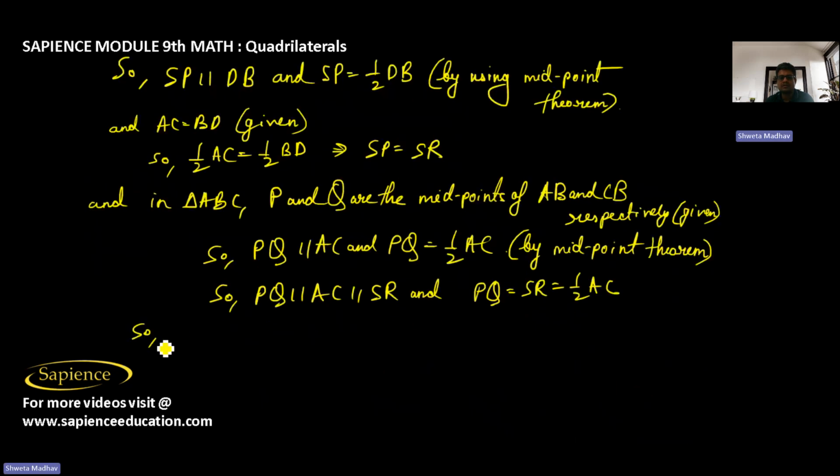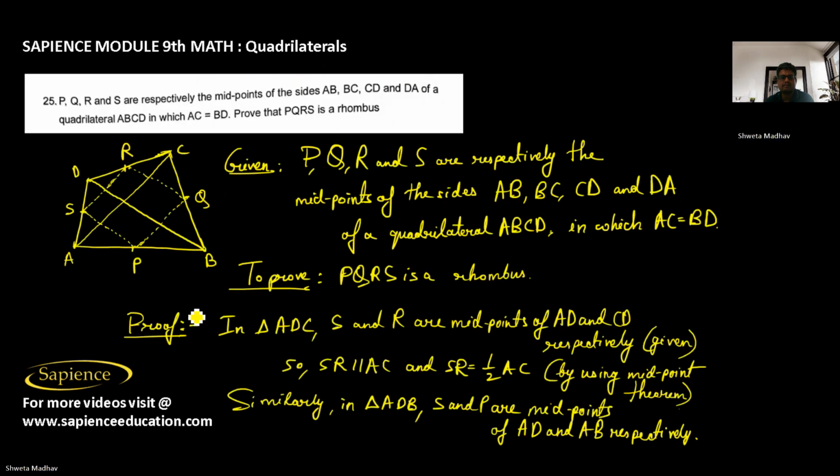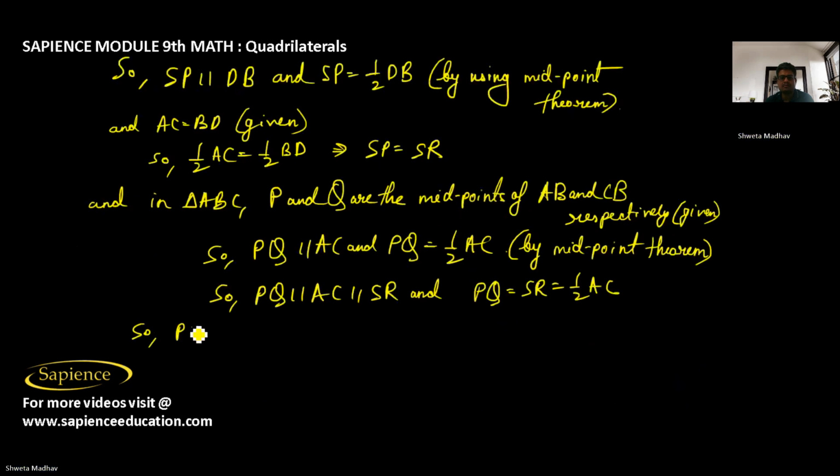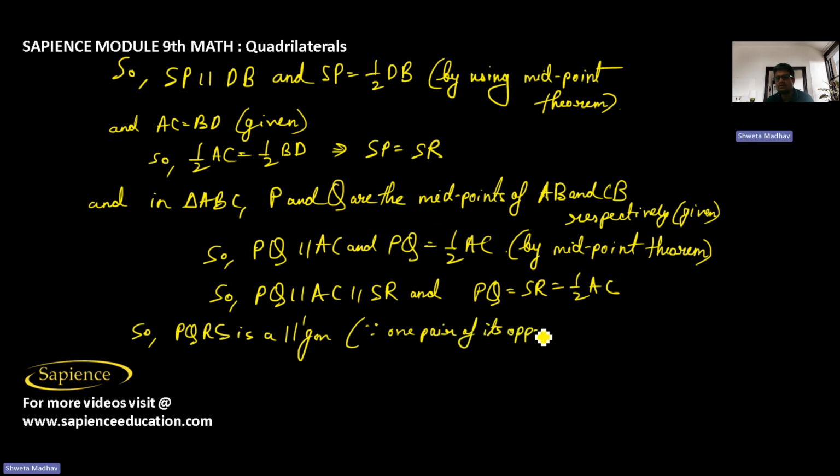So I can say that PQRS is a parallelogram, since one pair of its opposite sides are parallel and equal.